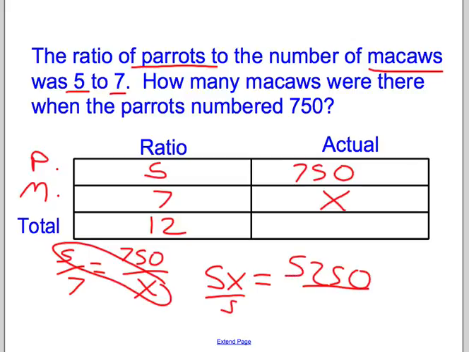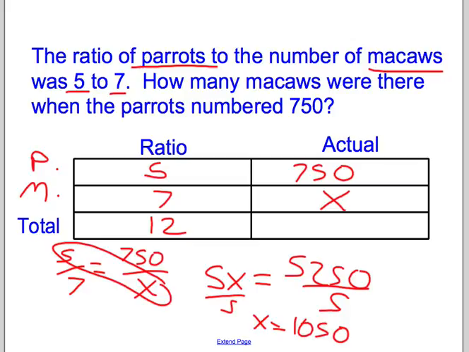Then divide by 5. That gives us that x is 1,050. Now that's using the cake or the butterfly method.